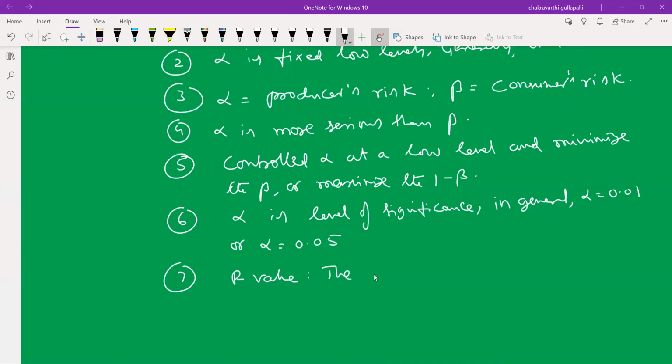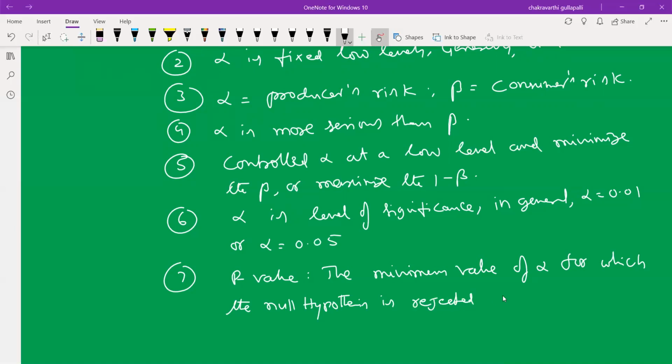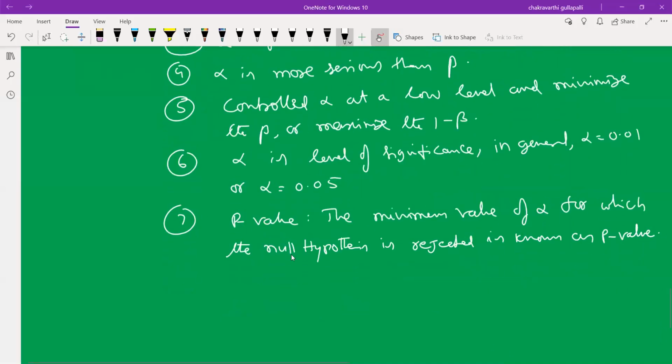The minimum value of alpha for which the null hypothesis is rejected is known as the p-value. It's very, very important for research-oriented problems, when applying software techniques to analyze the data.